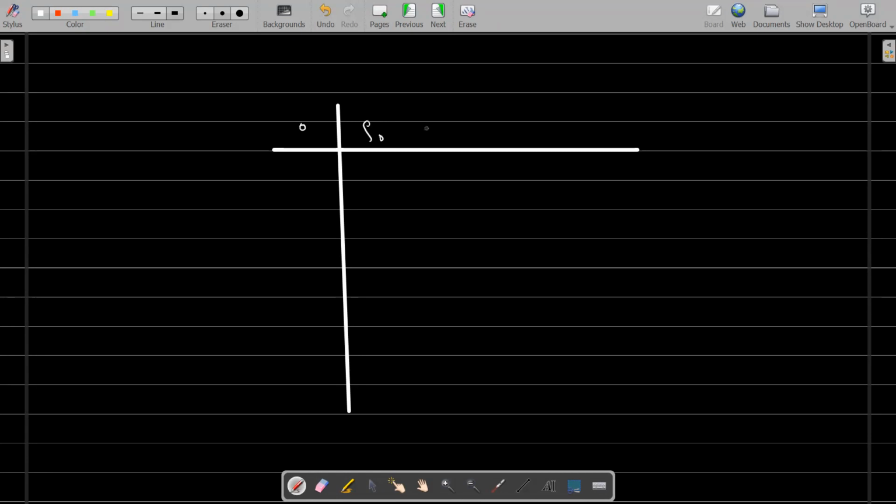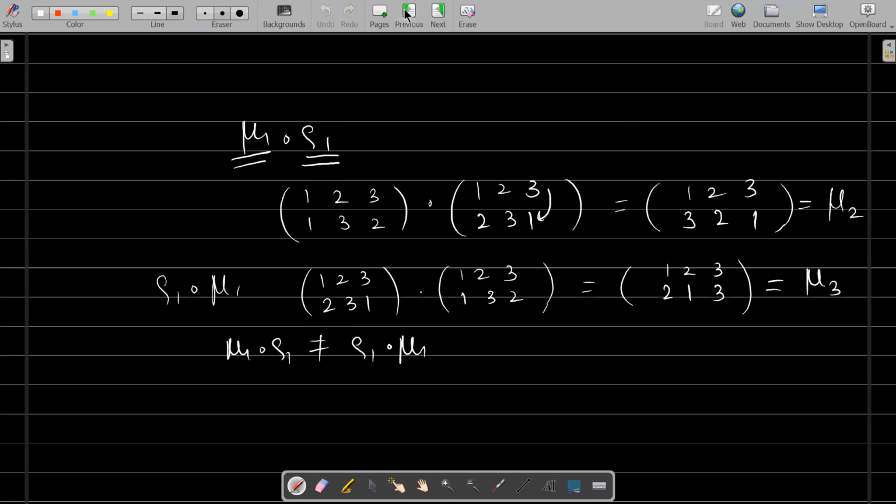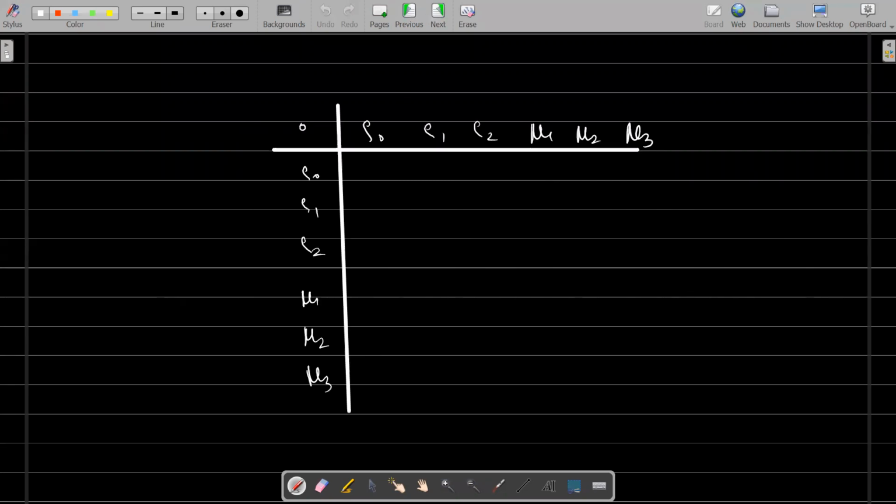We have elements rho0, rho1, rho2, mu1, mu2, mu3 along both the rows and columns. Rho1 into mu1 is mu3, so I'll write mu3 here.